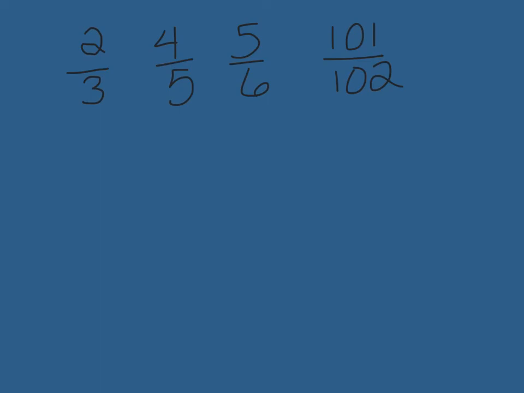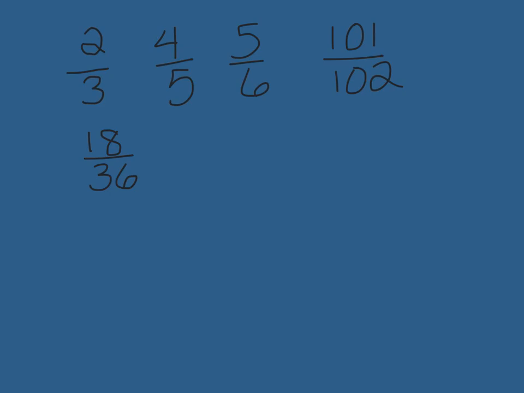So let's try 18 over 36. Go ahead and try that and then come on back and see if you got it right. Okay, with these larger numbers, sometimes it's easiest to check. Does my numerator go in evenly to my denominator?